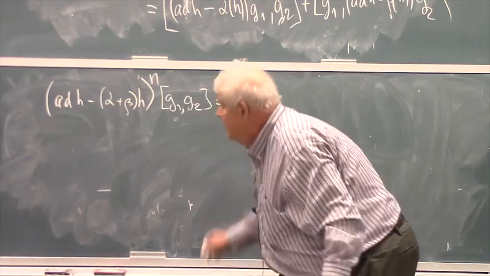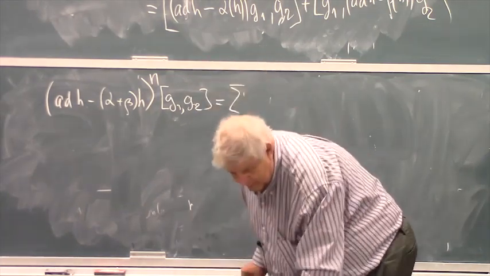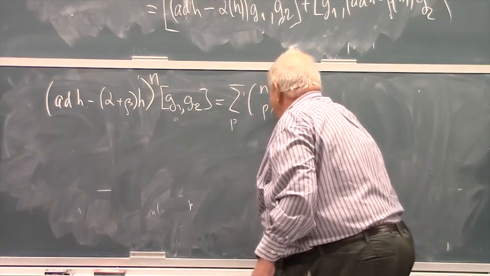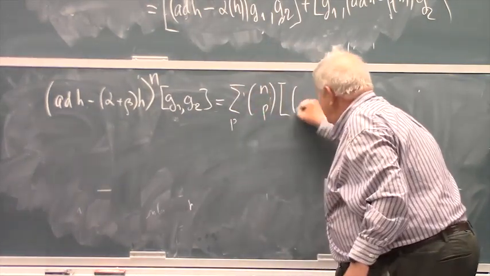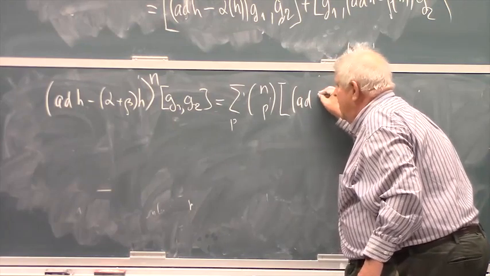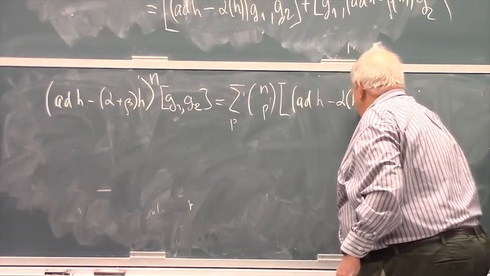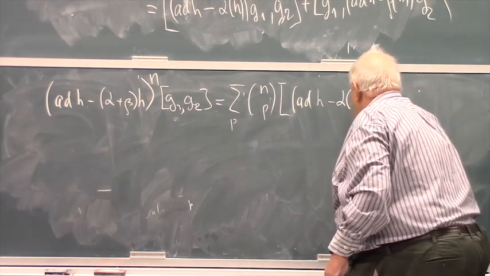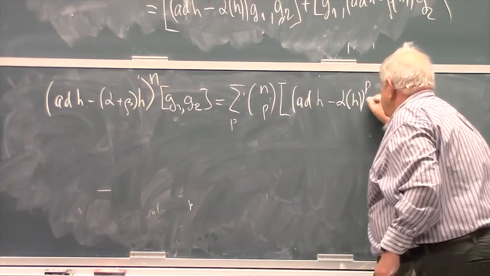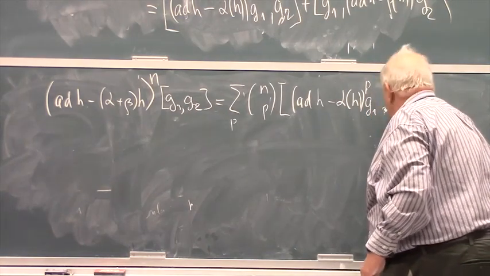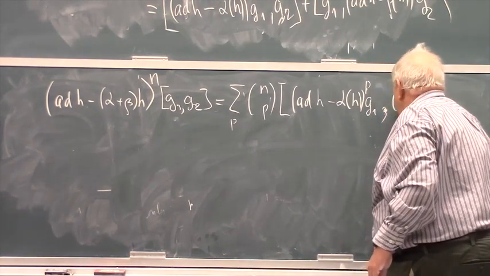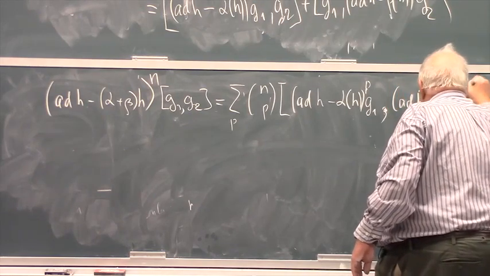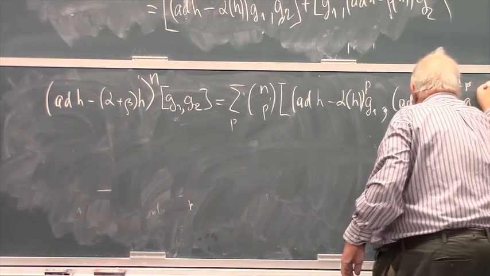So this is the sum over p, I will keep my notation, of binomial coefficients times (ad H minus alpha of H) to the power p on G1 and (ad H minus beta of H) to the power n minus p on G2.